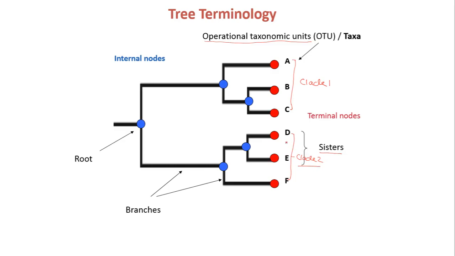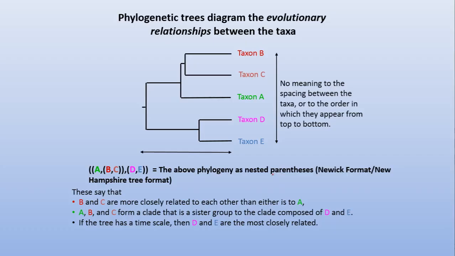So clades can also be sisters, and so can your operational taxonomic units. The clades or the operational taxonomic units which have recent common ancestors can be called sisters of each other. This is how you deal with different terminology, right?